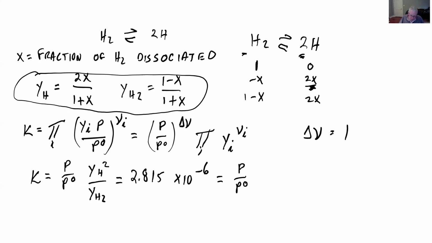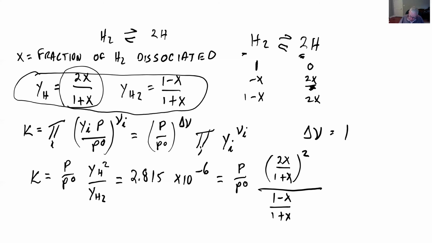But it's this times now, for the mole fraction for H, I have this expression up here. So let's take that. That's 2x over 1 plus x. Square that. Down here, I get 1 minus x over 1 plus x, because that's my mole fraction for the hydrogen molecules, right?